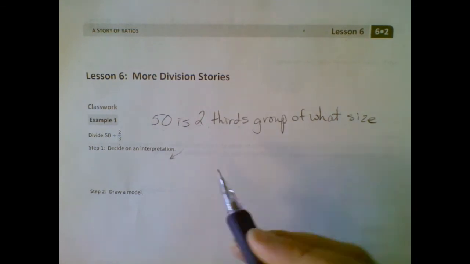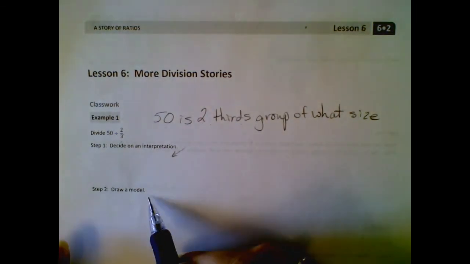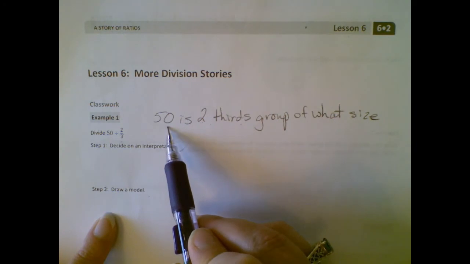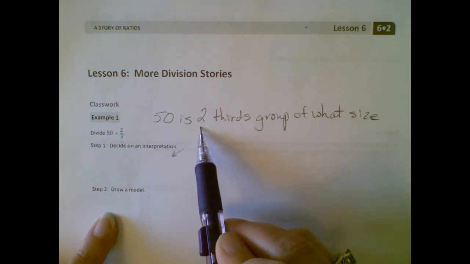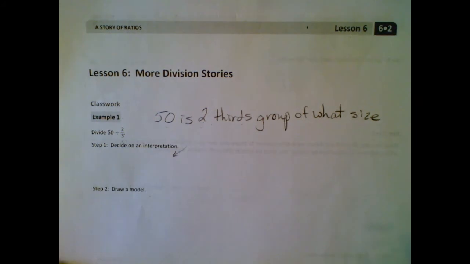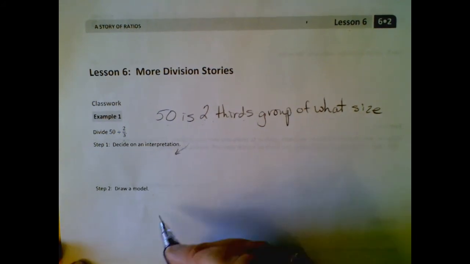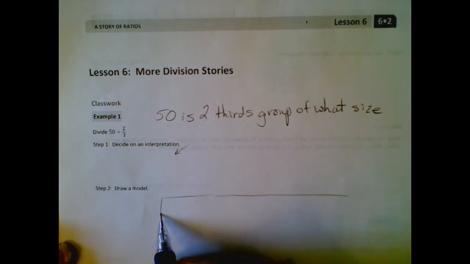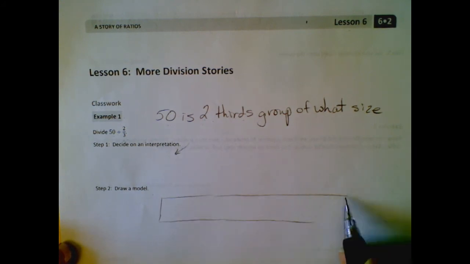And our model, when this works, we can make a tape diagram really well, because 50 is 2/3 group of what size? We're looking for the 3/3, the whole group. So we're making a tape diagram.